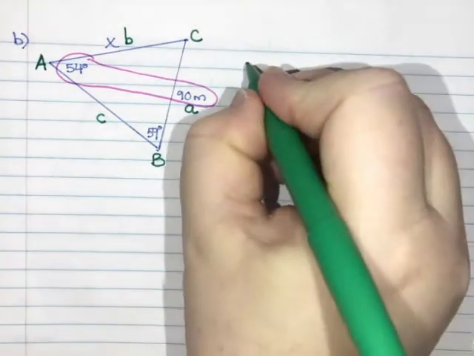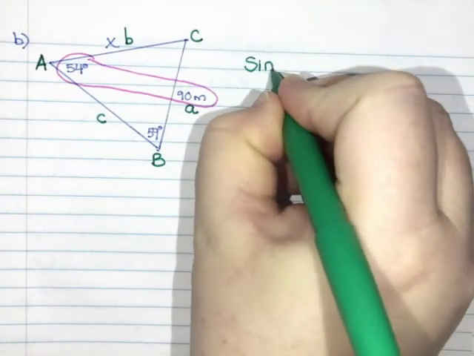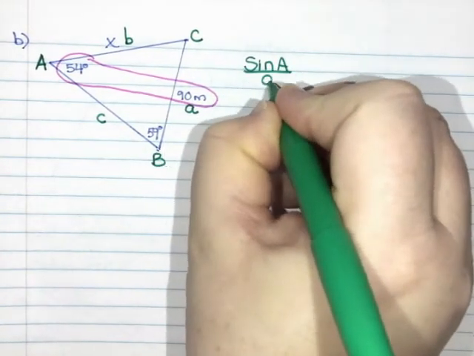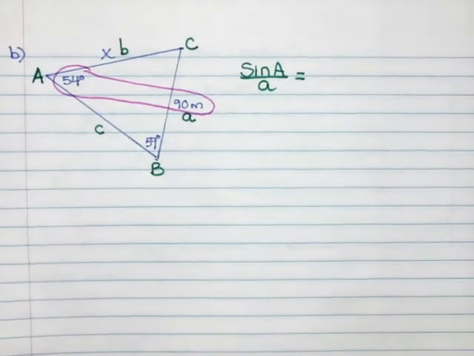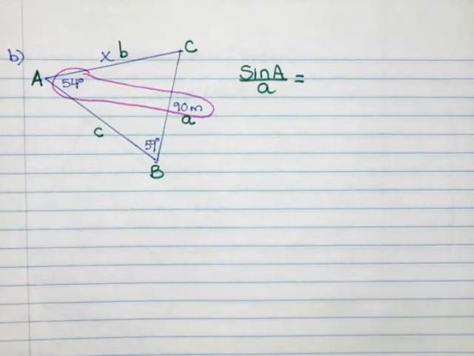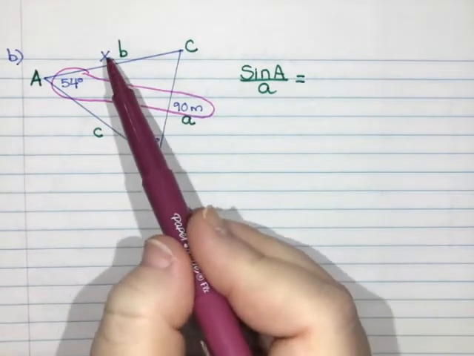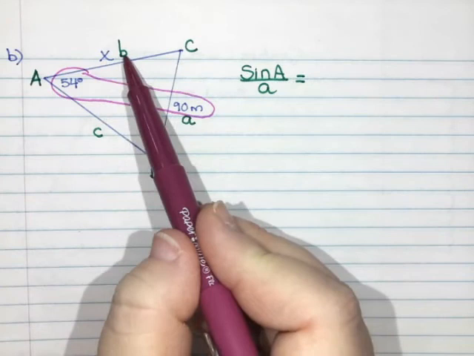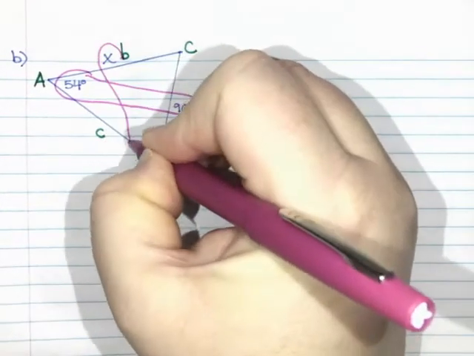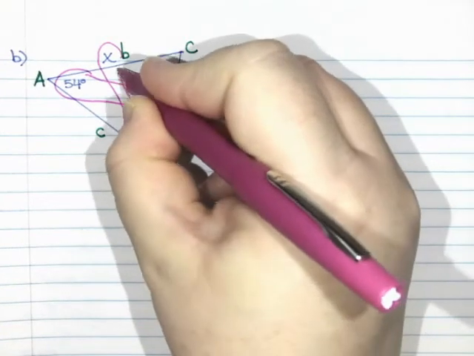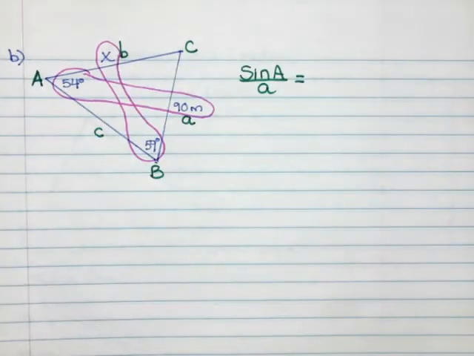So I'm going to do sine of A divided by a equals. And then I'm going to look for the pair that has what I want to find. So what I want to find is x, and that's part of pair B. And I know the angle B, and I'm trying to find side x. So that's going to be the second one I use.